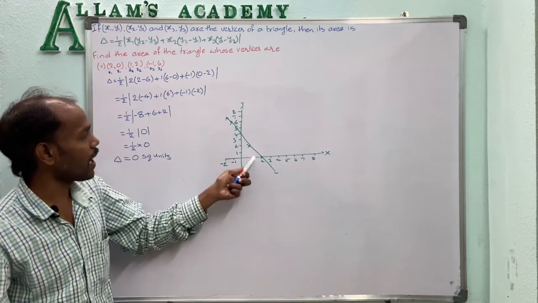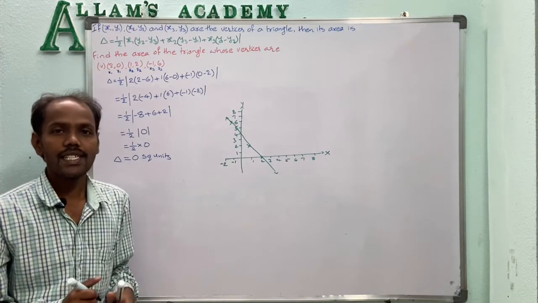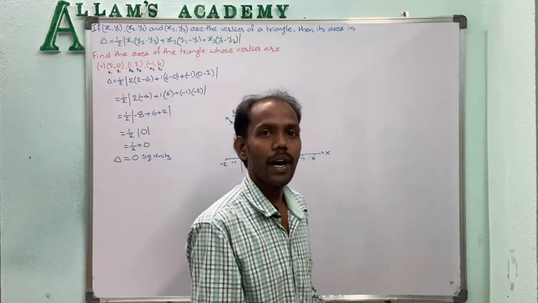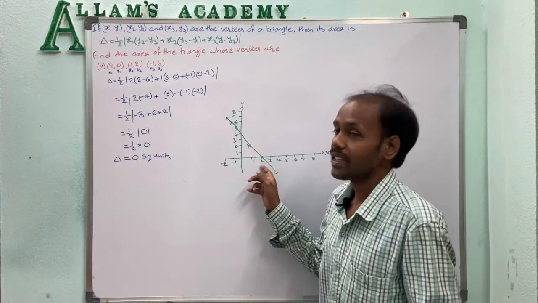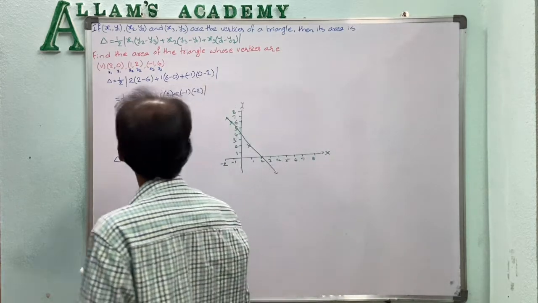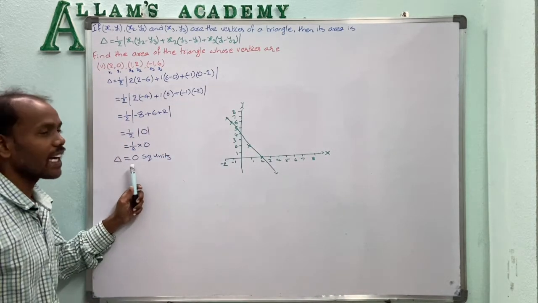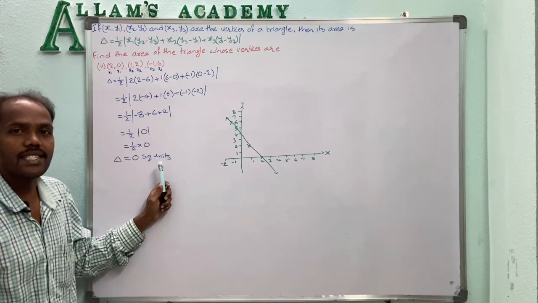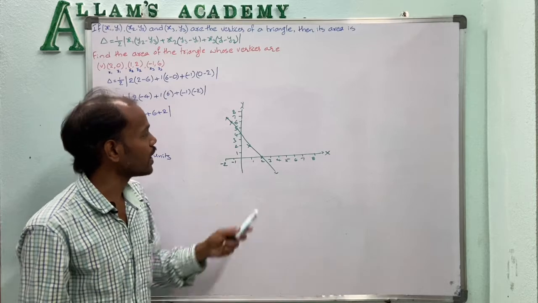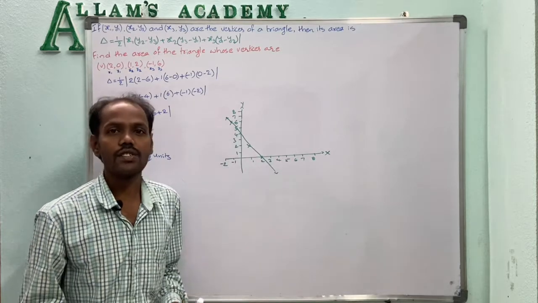The 3 points lie on the same line. We already know that if 3 points lie on the same line, then the points are collinear. That means we can conclude that the area of collinear points is 0.